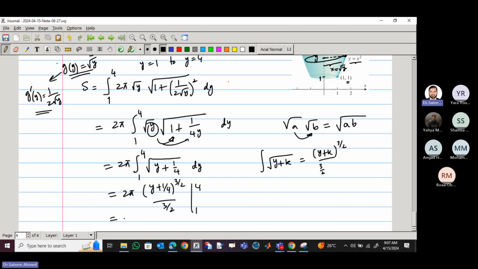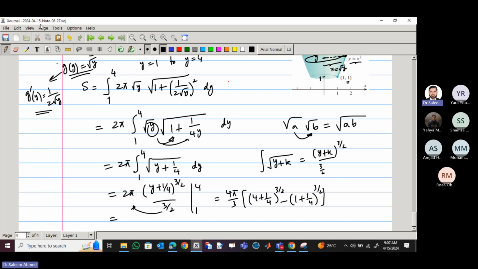So this will become 2 by 3, so it will become 4 pi by 3. And if you put 4 in here, this becomes 4 plus 1 over 4 to the 3 by 2, minus 1 plus 1 over 4 to the 3 by 2. Okay, so this is your answer.